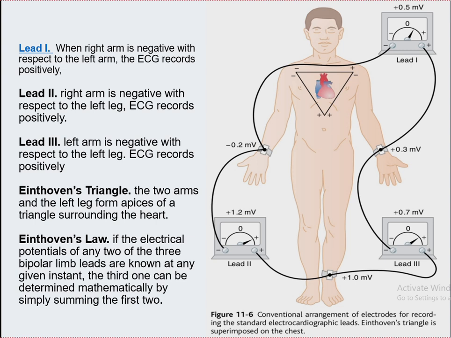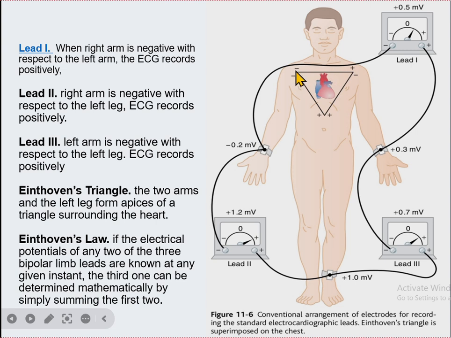If you use laws of vectors, what Einthoven's law says is that at a certain instant, if I know the voltages of any two of these limb leads, I can get the remaining one by summing the first two. But that is with respect to direction.